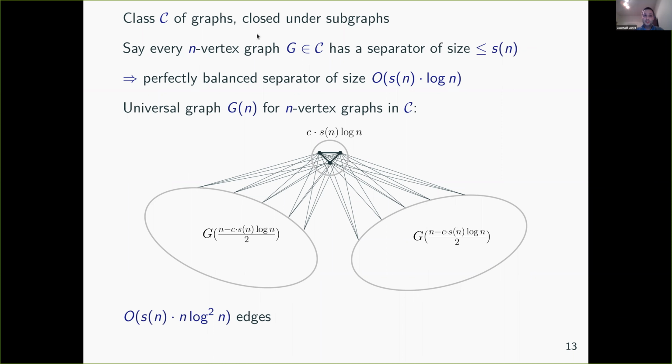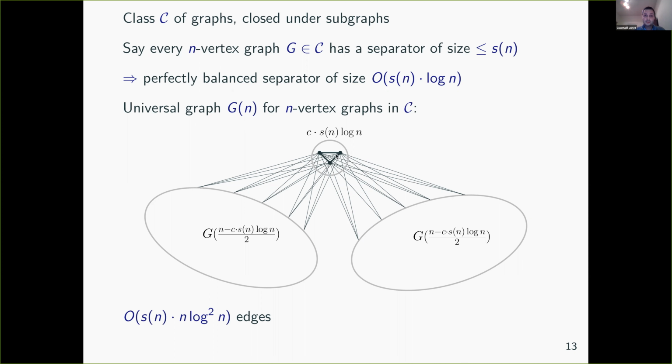And so the proof we did for trees, where we rip off one vertex, which is a separator, at each step, and we look at the recursion tree. Well, you can do that with any form of separators, and then you get perfectly balanced separators of size s of n times log n. So you pay an extra log n factor. And then you could use that to build a universal graph for n-vertex graphs in your class in exactly the way we discussed, right?